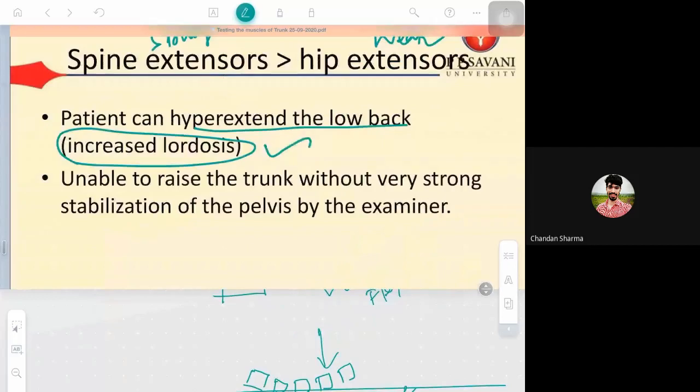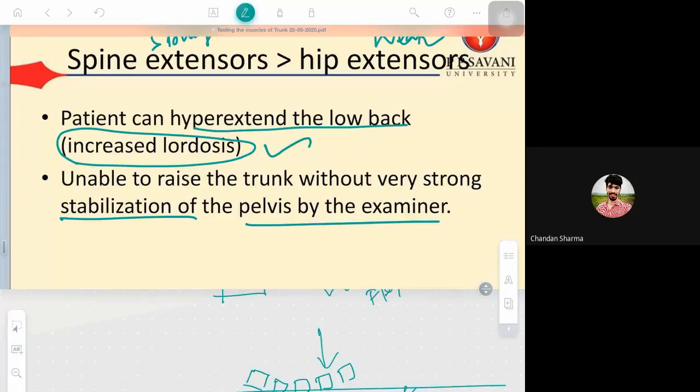Unable to raise the trunk without very strong stabilization of the pelvis. So what is required? If you stabilize the pelvis, then he is able to lift the spine.